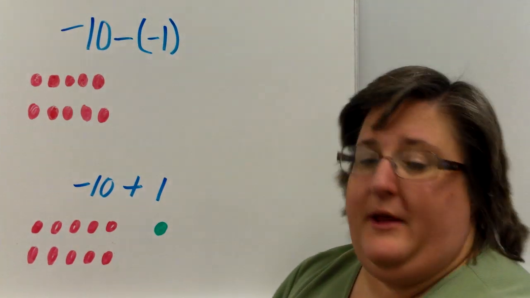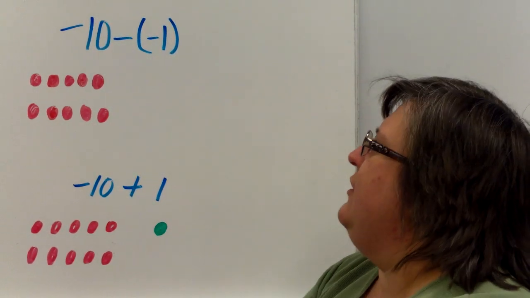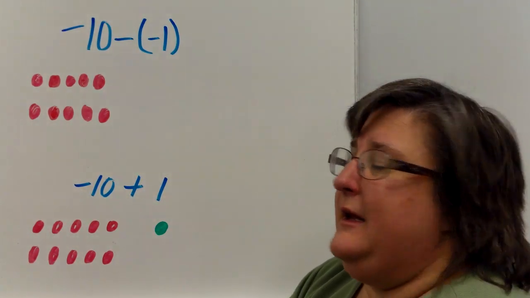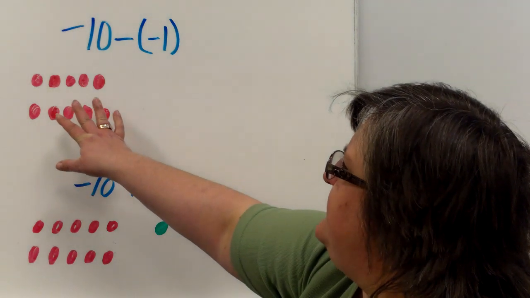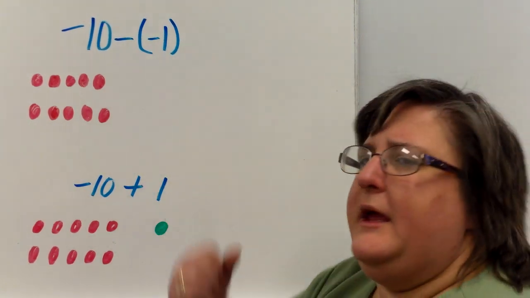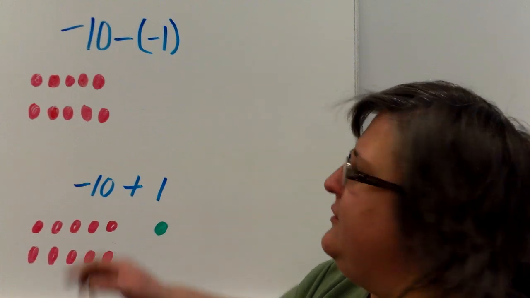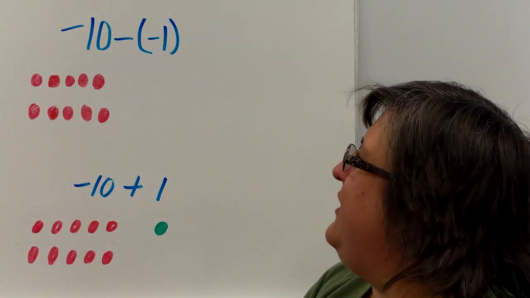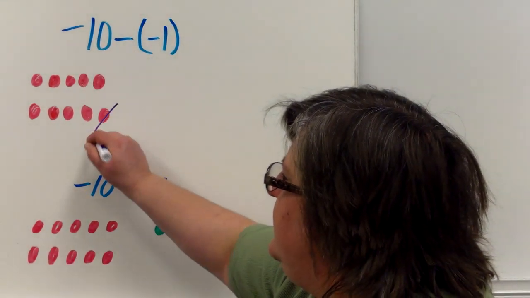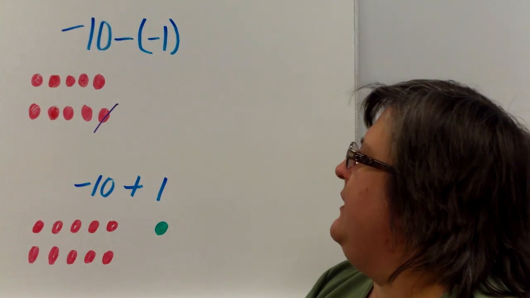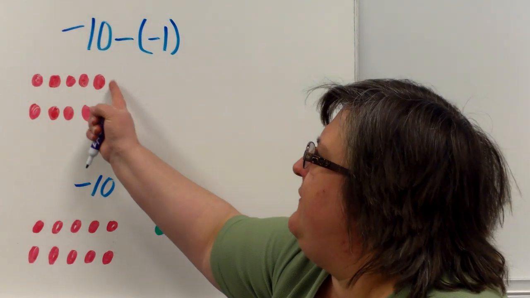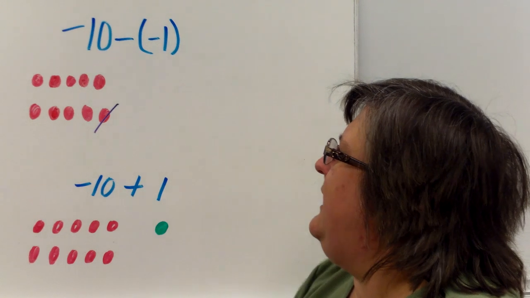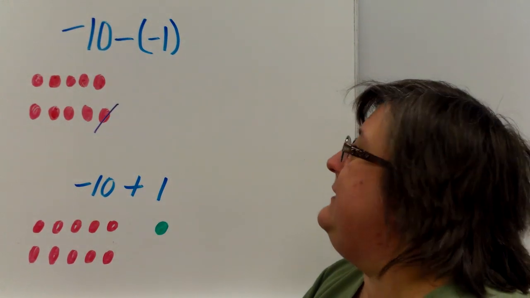Let's take a look at a situation where we have a negative, and we're going to subtract a negative number. Here's our negative 10, and I'm going to take away a negative 1. So there's my negatives, and I want to take away one of them. So literally 1 comes off, and you can see I have 1, 2, 3, 4, 5, 6, 7, 8, 9. And again, they are negatives.